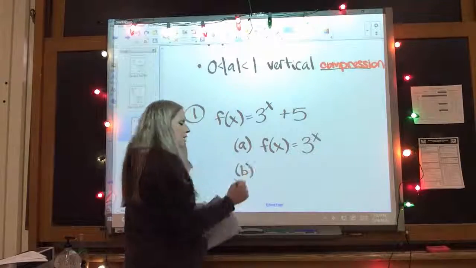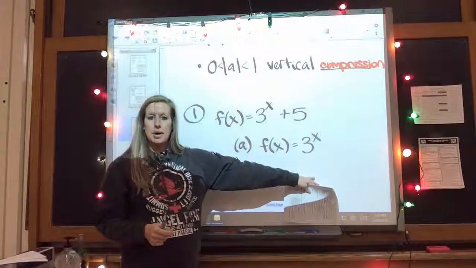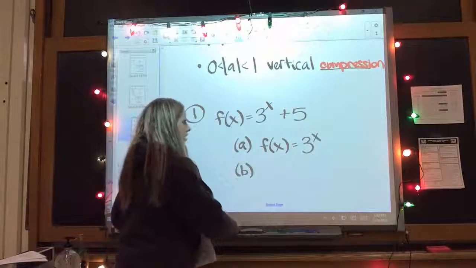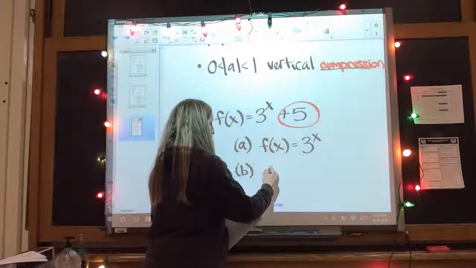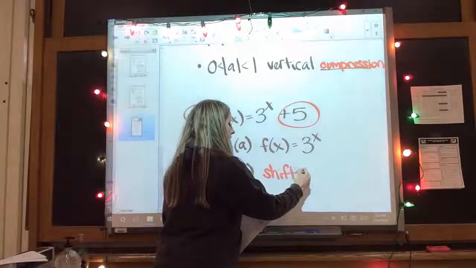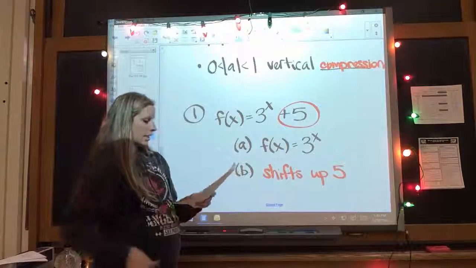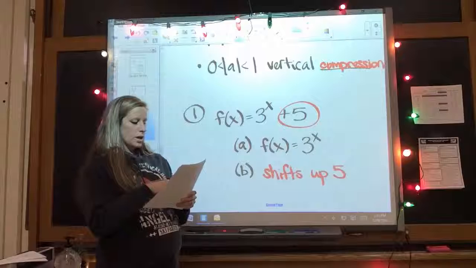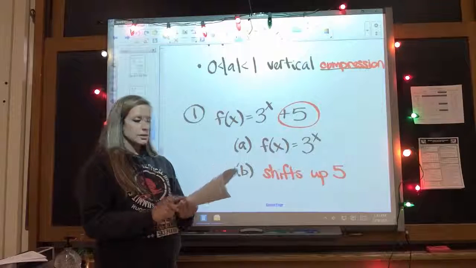Part B, you're going to say how this graph moved from the parent function. So what did the plus 5 make it do? And it shifted it up 5. Okay, so that's what you're going to do on 1 through 4. Tell me what the parent function is.